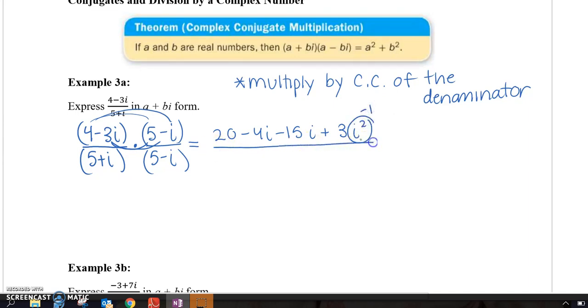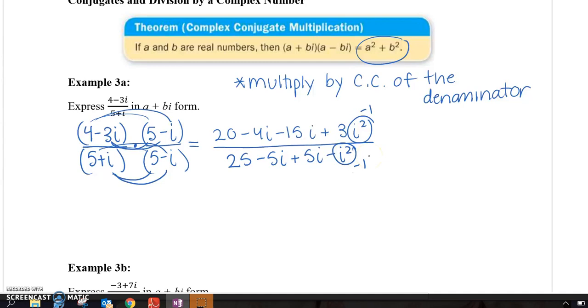On the bottom, you can use this formula up here, but I'll show you why it works here. So if we do 5 times 5, we get 25. 5 times negative i is negative 5i. i times 5, positive 5i. And then i times negative i is going to be negative i squared, and i squared is -1.